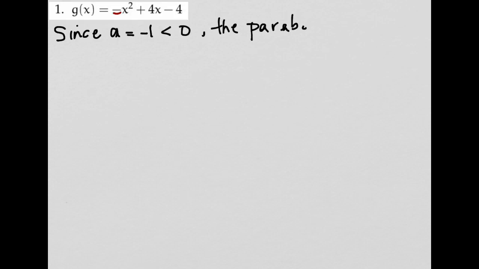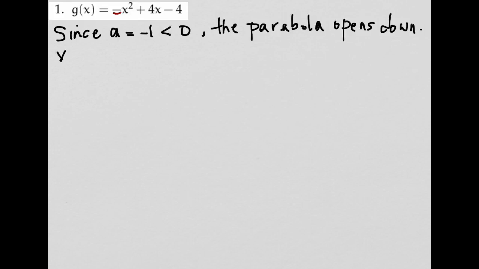And since the coefficient of x squared is negative 1, a is negative, so since a equals negative 1 is less than 0, the parabola opens down. That's the first piece of information that's going to be useful for us to graph our quadratic function. Next, let's find the vertex.